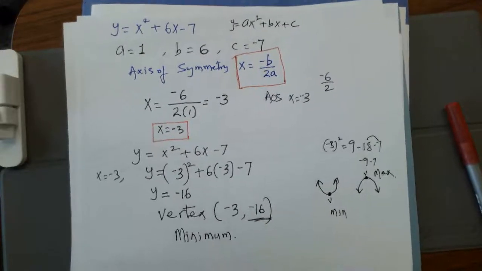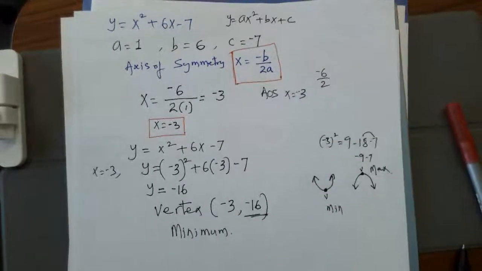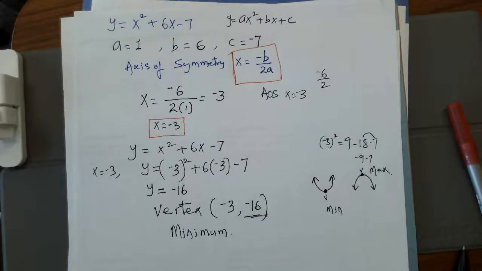Okay. So let us verify this. Let me draw this graph in your Desmos and make sure that we are right. Y is equal to x square plus 6x minus 7.